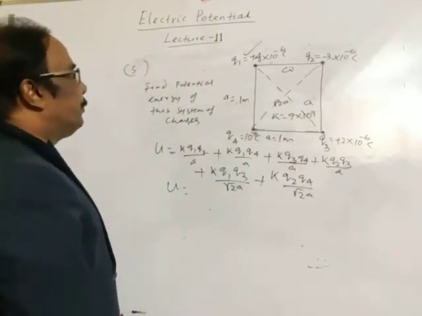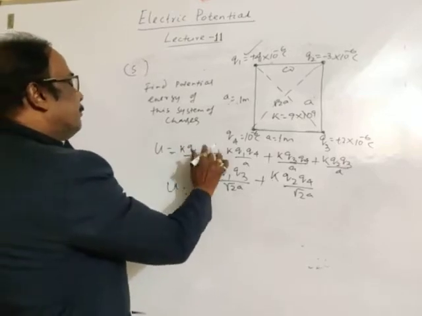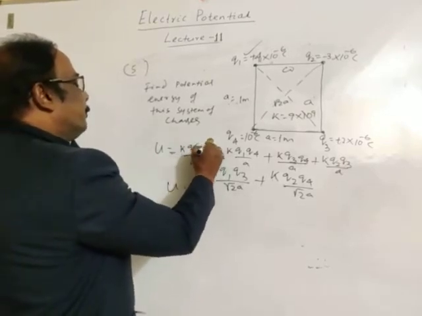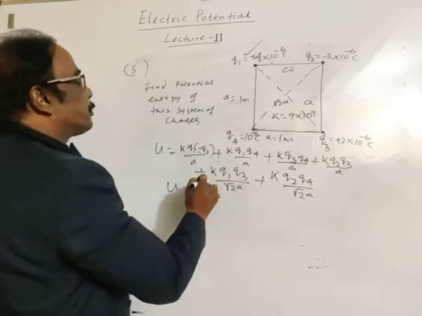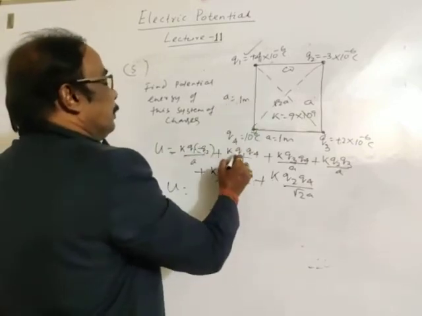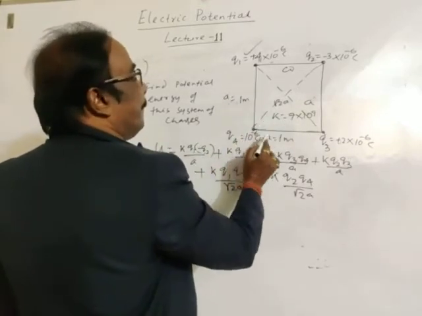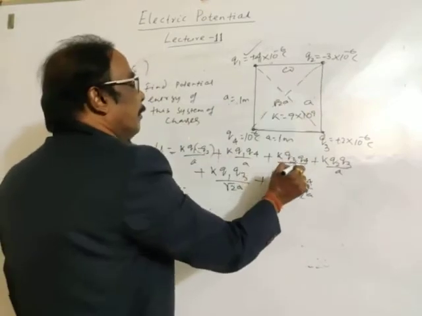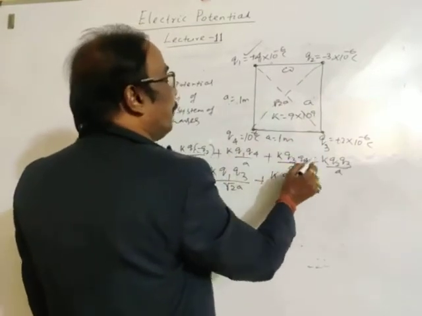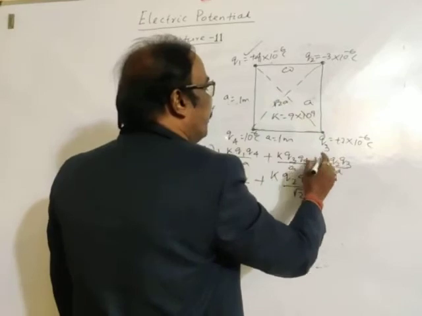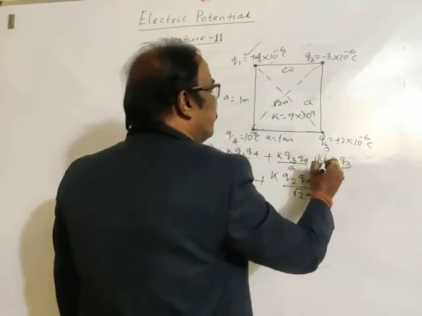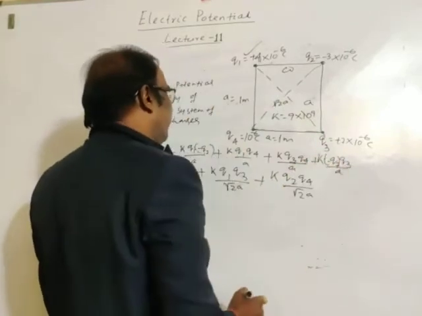Here Q2 is negative, so Q1 into minus Q2, Q1 Q4, Q3 Q4, minus Q2 into Q3.